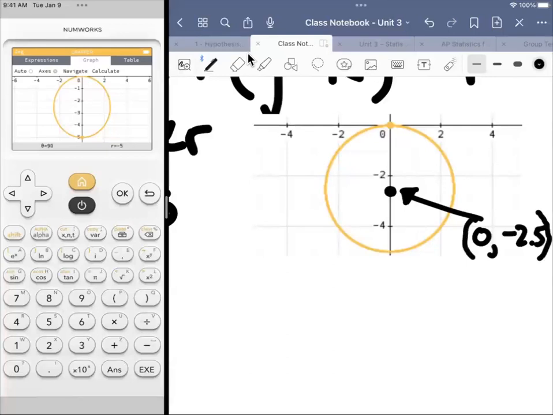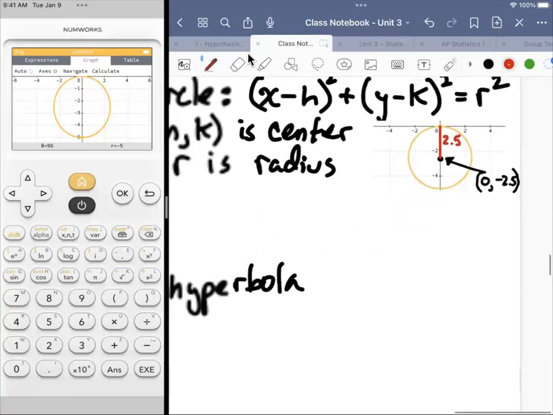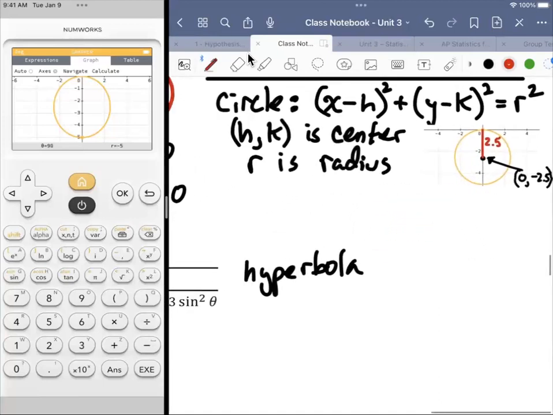The radius is the distance from the center to any point on the circle. And while you may want to find this distance, which would be fine, it's easier to find this distance, which is 2.5. So when I write the equation of the circle here, all I'd have to do is replace the h value with the x value of the center, the k value with the y value of the center, and the radius with, you get the idea, whatever the radius is.